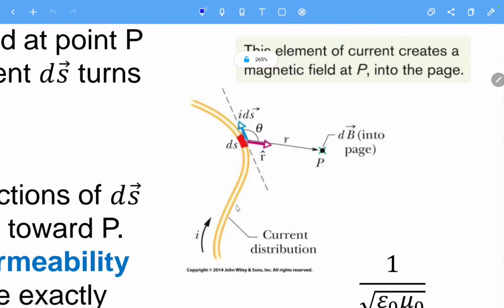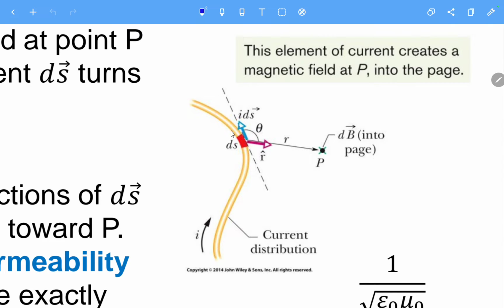So here the problem is, suppose we have a current going this way, and we try to determine the B field generated at this point by this wire. As I mentioned, this wire is not straight, so we cut it into many pieces.